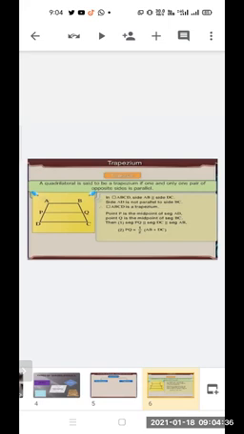So here you can see the segment PQ. It joins the midpoints of the non-parallel sides. P is the midpoint of segment AD and Q is the midpoint of segment BC. So PQ, the segment joining the midpoints of the non-parallel sides of a trapezium, is called the median of the trapezium. Okay, is it clear? Okay.